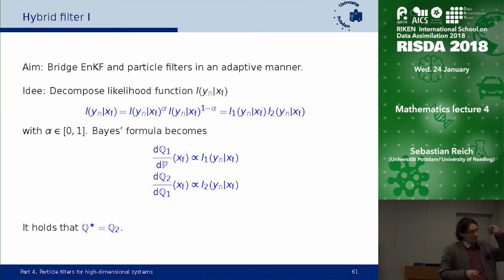Now having this alpha there basically means that you split the measurement error. You can also think of it this way: you change the R and make it slightly larger. And so basically you now can take the data twice, but with an increased measurement error, so that statistically after you've done it twice you get back to the same result. But now you can use different techniques for each of these two things.